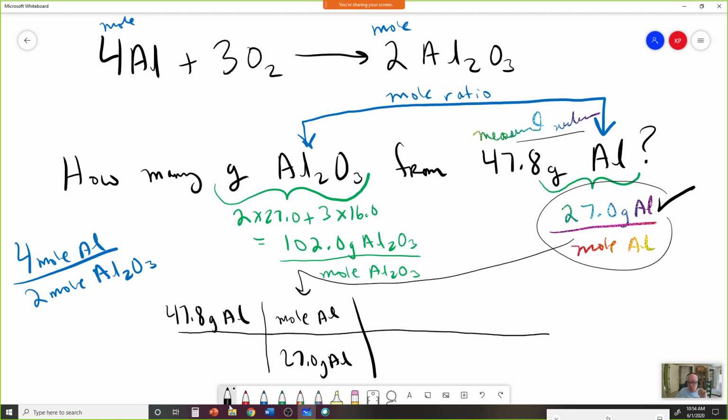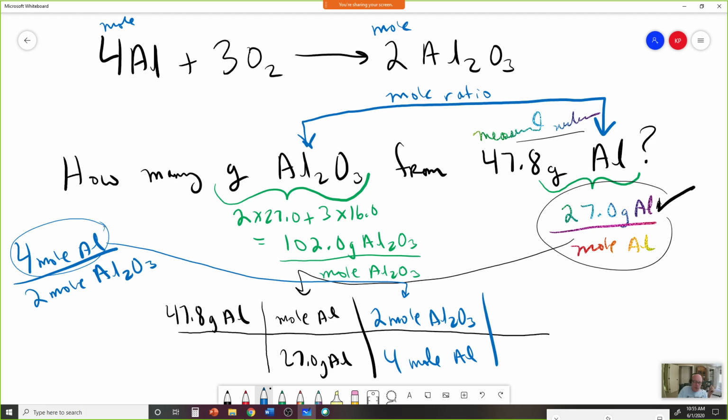I've already checkmarked over here, and I don't want to reuse it, but I have moles aluminum over here. This is going to go over here, except I'm going to have to flip it over, so I say 2 mole aluminum oxide for every 4 mole aluminum. Put a check mark, because you don't want to reuse things.